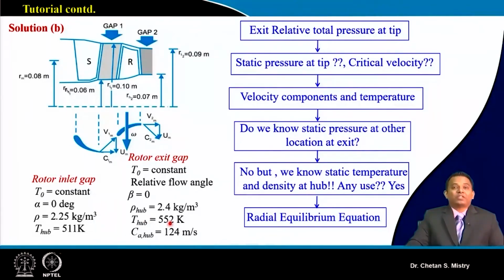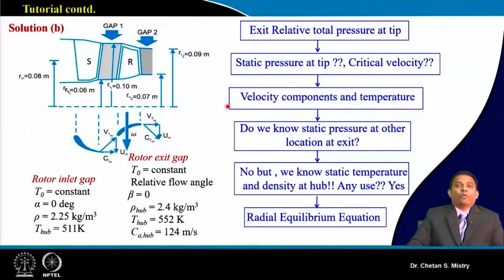Yeah. So once we have that static pressure at the hub, we can calculate the other static pressure. How? The question will come, how to calculate that part. We have our fundamental radial equilibrium equation, so based on that we can calculate my static pressure at the tip. And based on all my velocity components and temperature calculation, we can calculate our critical velocity, and that's how we need to proceed further.